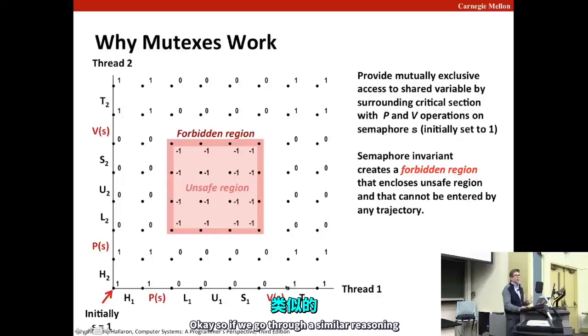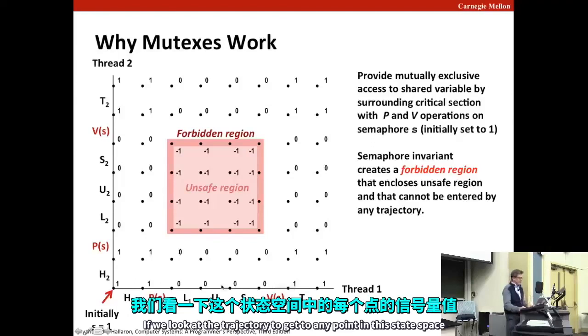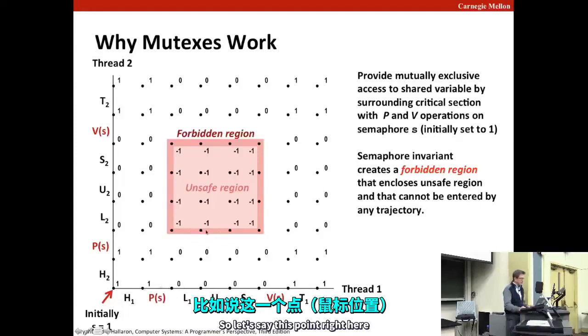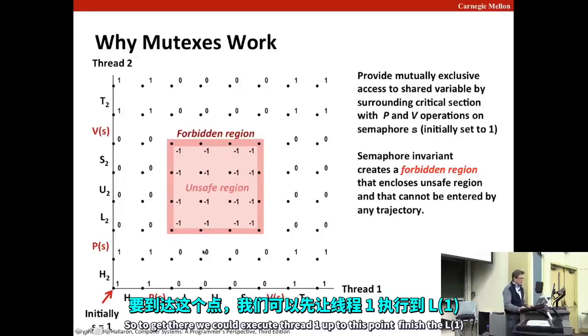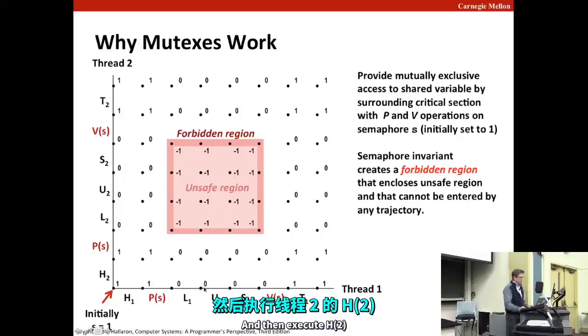If we go through similar reasoning and look at the trajectory to get to any point in this state space, let's say this point right here. To get there, we could execute thread 1 up to this point, finish the L1, and then execute H2.